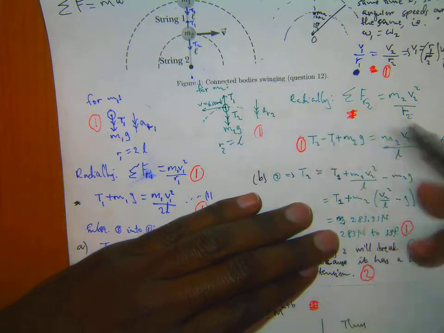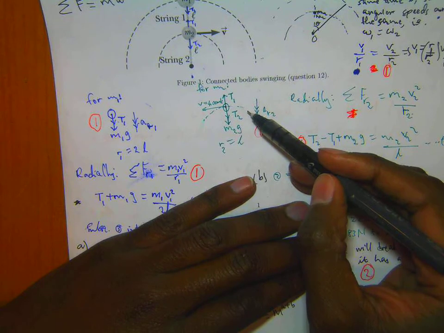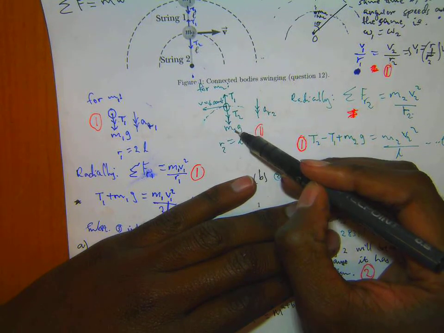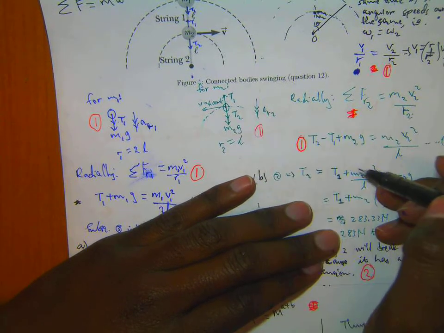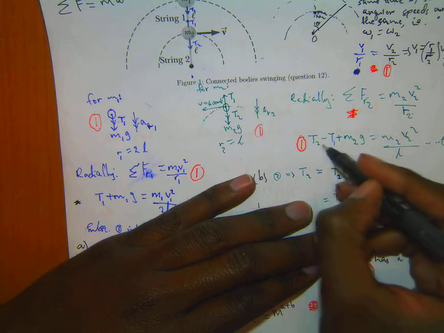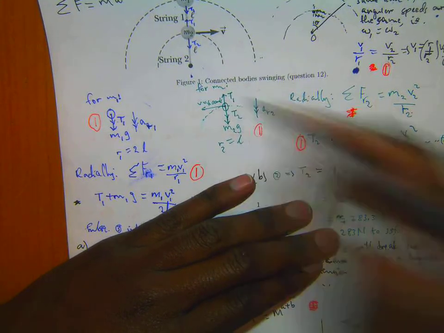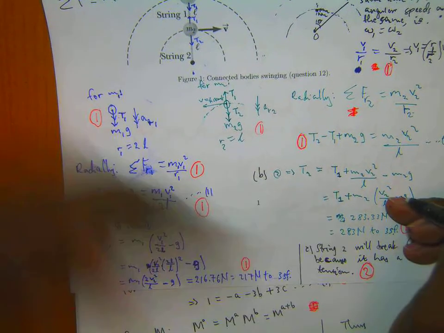On M2, what's the sum of the forces? Everything downwards should be equal to the centripetal force. So it's T2 plus M2G minus T1 should be equal to M2 times V2 squared on R. Good.